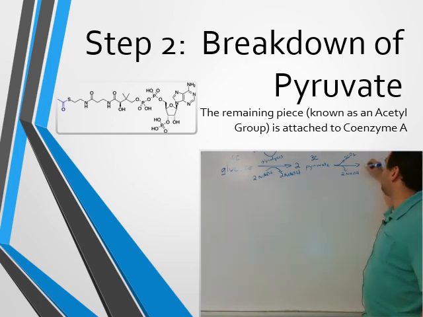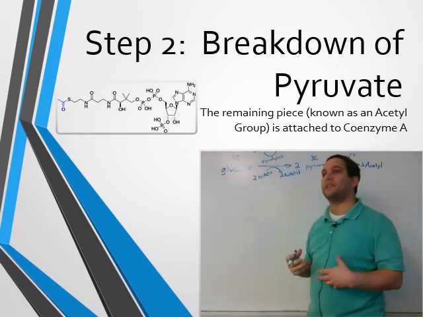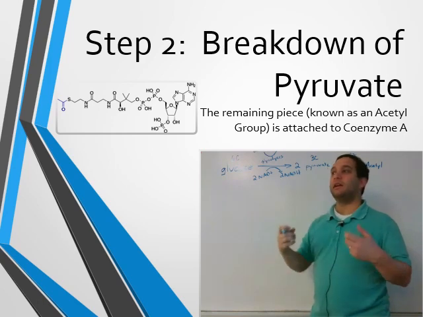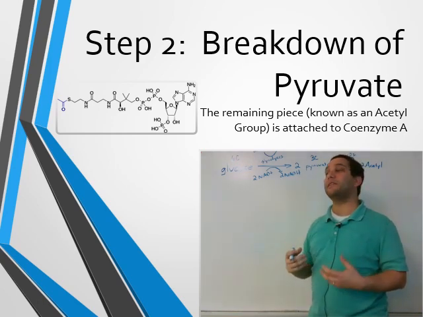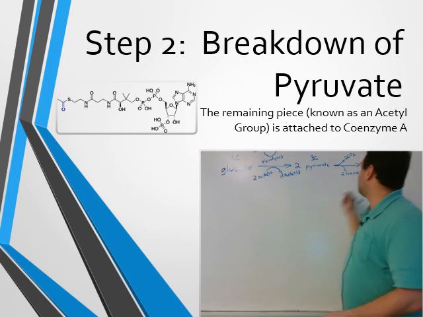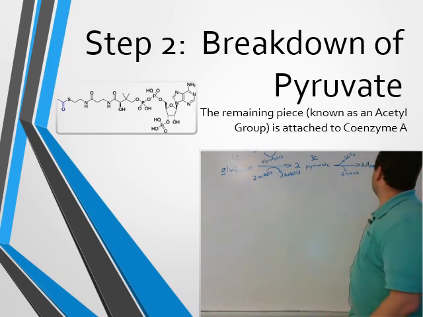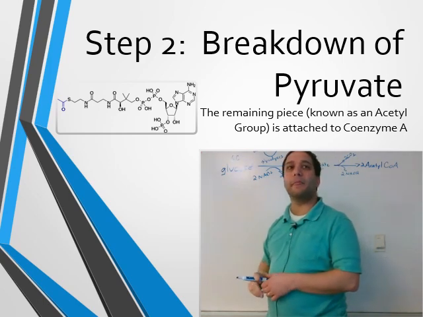So you get 2 acetyl groups. And those acetyl groups get attached to a special enzyme called coenzyme A. So you attach these 2 acetyls to coenzyme A, leading to 2 acetyl-CoA.